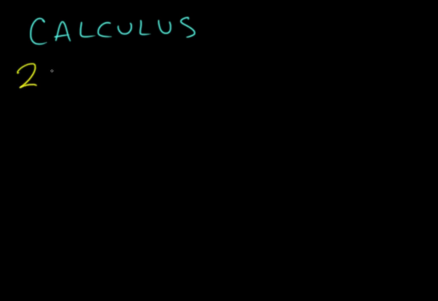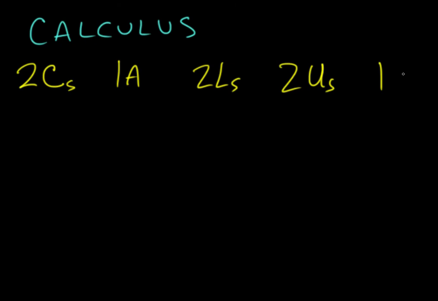Well, there's 2 C's, 1 A, 2 L's, 2 U's, and 1 S. Okay. So what's going to happen is if we use all the letters, we have a total of 1, 2, 3, 4, 5, 6, 7, 8 letters.